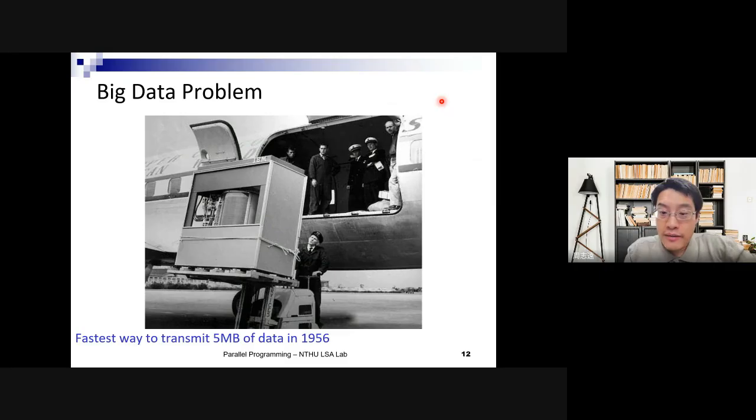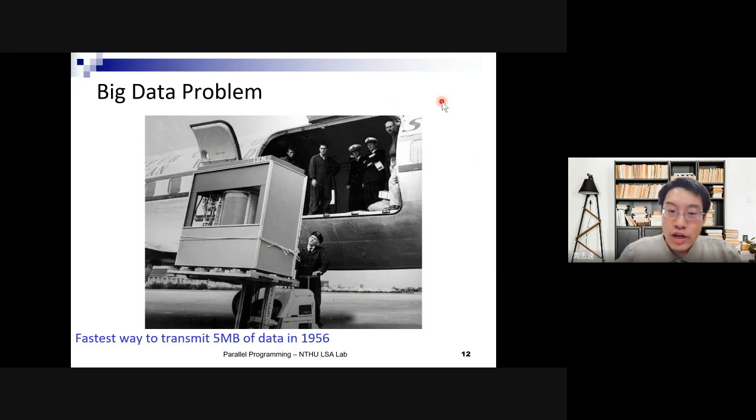Because at that time, storing 5 megabytes of data might require a huge machine like shown over here. It's so big that if you want to transfer it from one place to another, you even have to use a flight. Okay, it might seem very ridiculous, right?